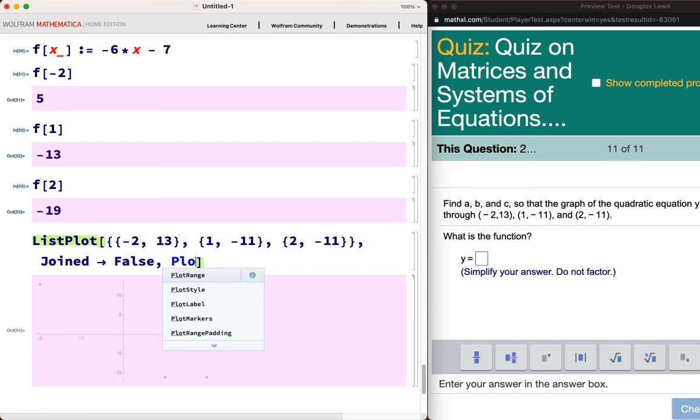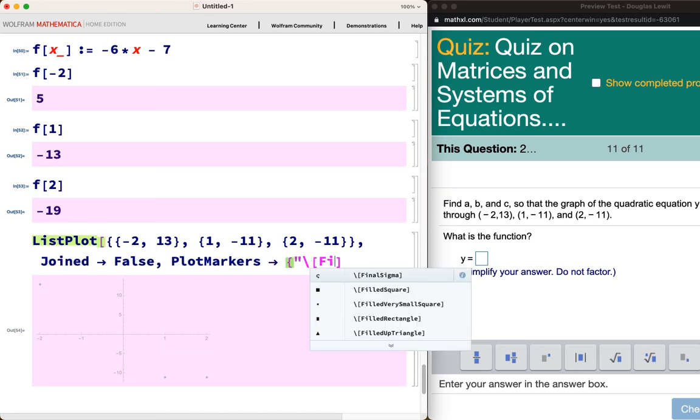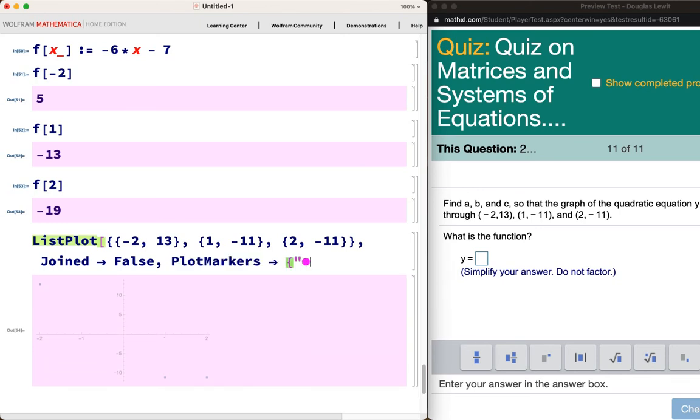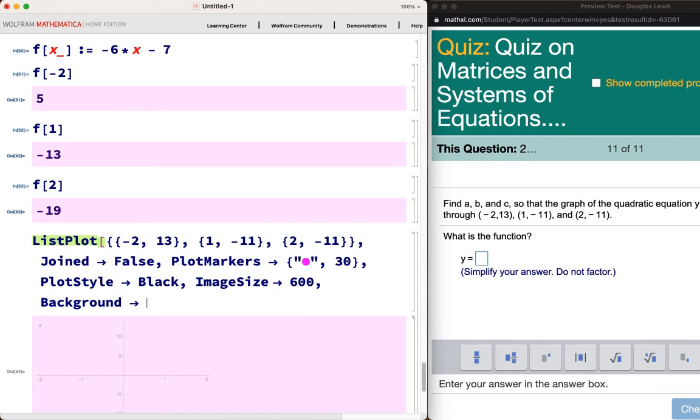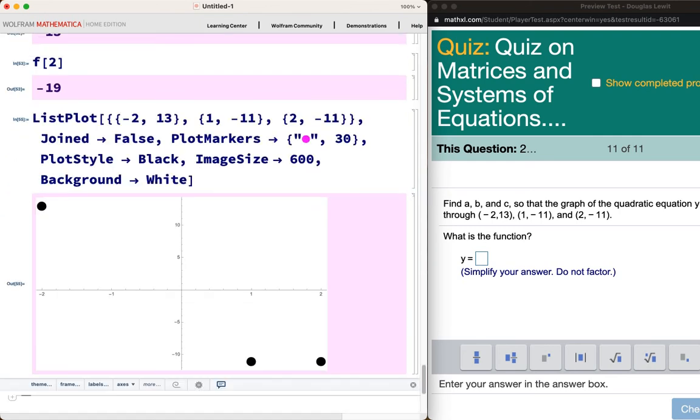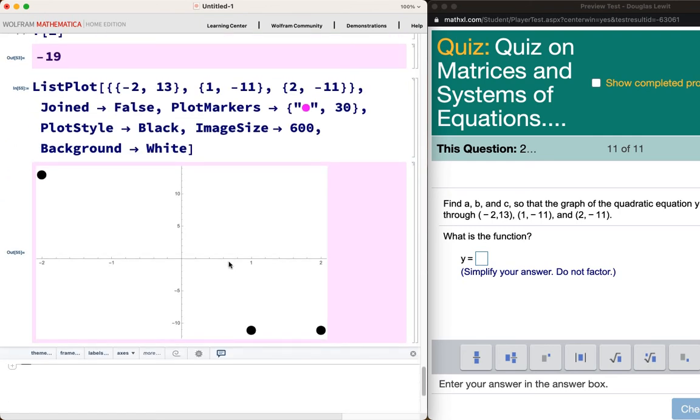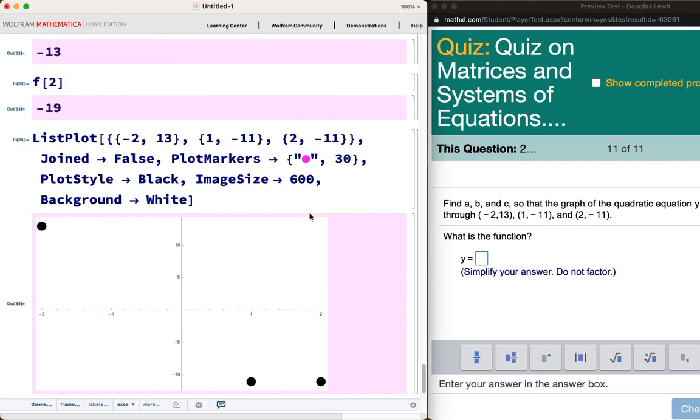Okay, plot markers, filled circle, plot style is black, image size is 600, and background is white.